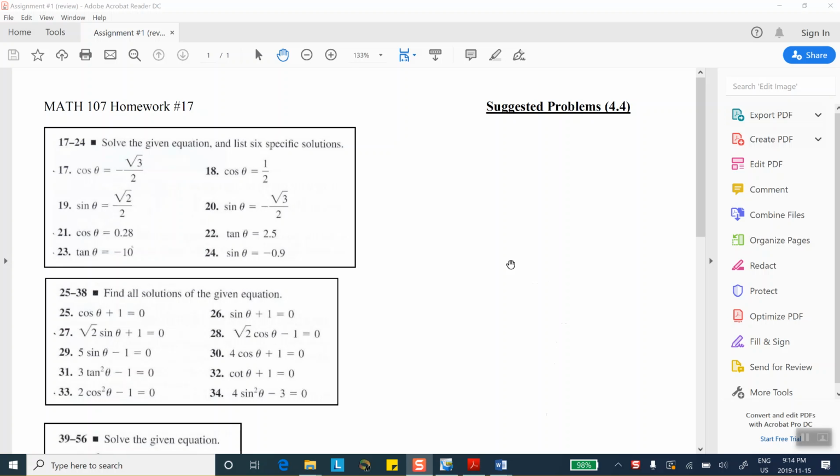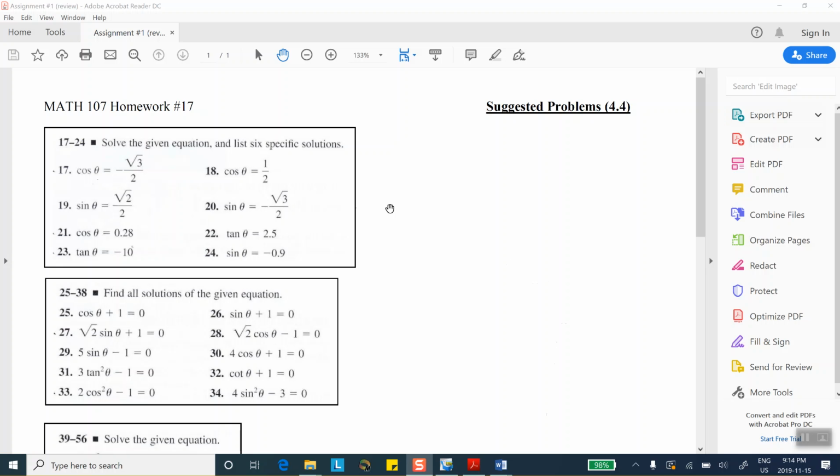Now, notice that in number 17, this is a basic trigonometric equation, namely cosine of an angle equal to something, or sine or tangent. And it says, okay, find six specific solutions.